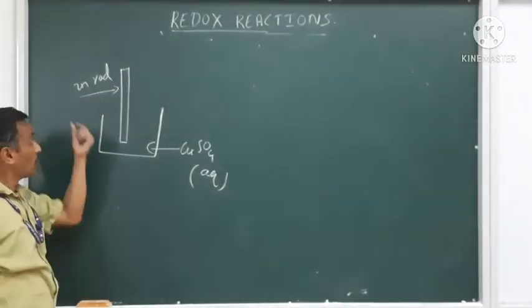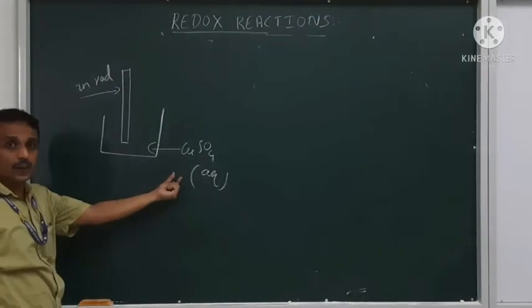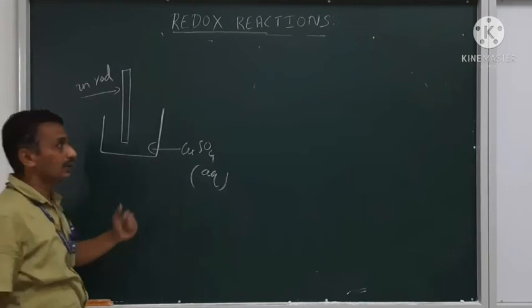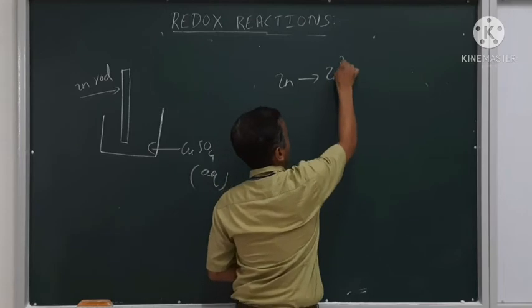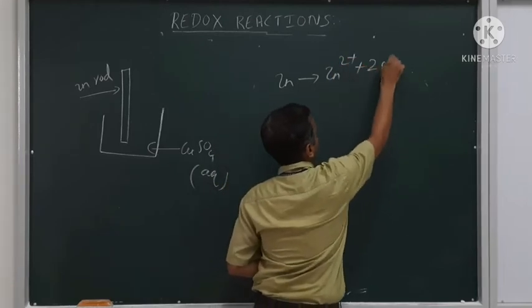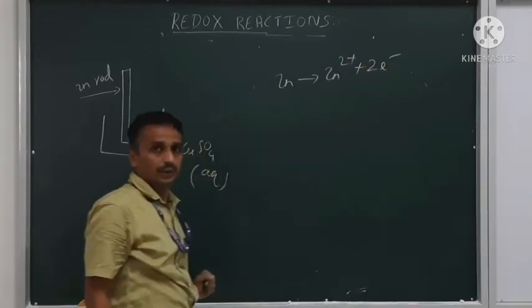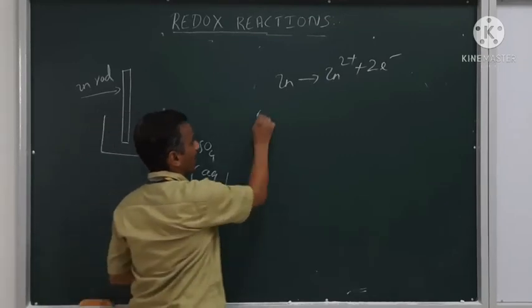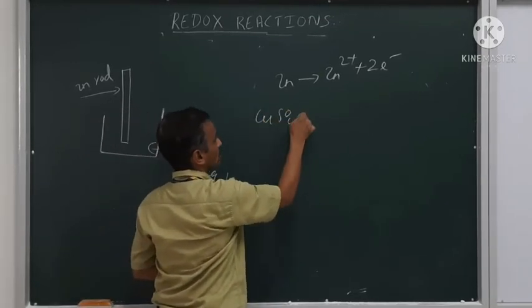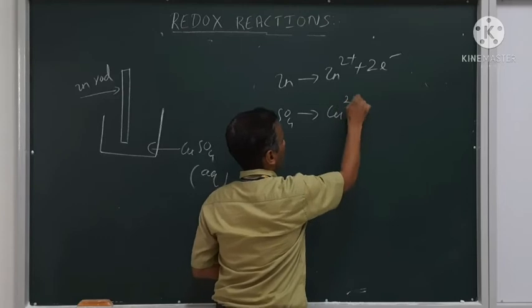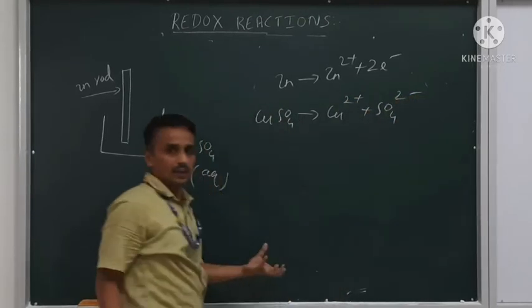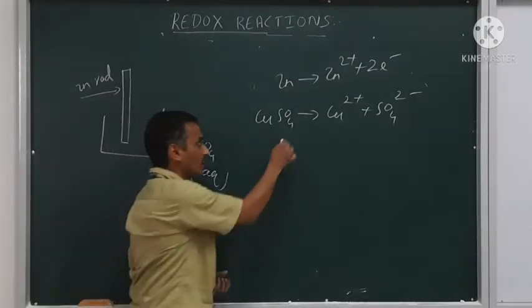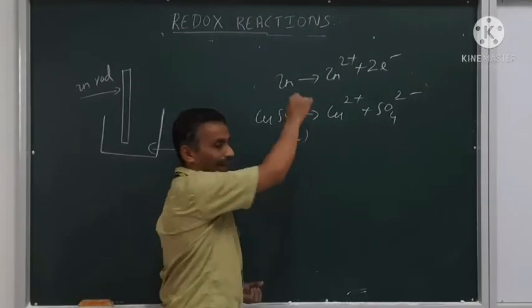Already mentioned, when the zinc and the copper is present, zinc has a tendency for oxidation. Copper sulfate undergoes ionization to give Cu2+ and SO4 2-, because copper sulfate aqueous is an electrolyte.